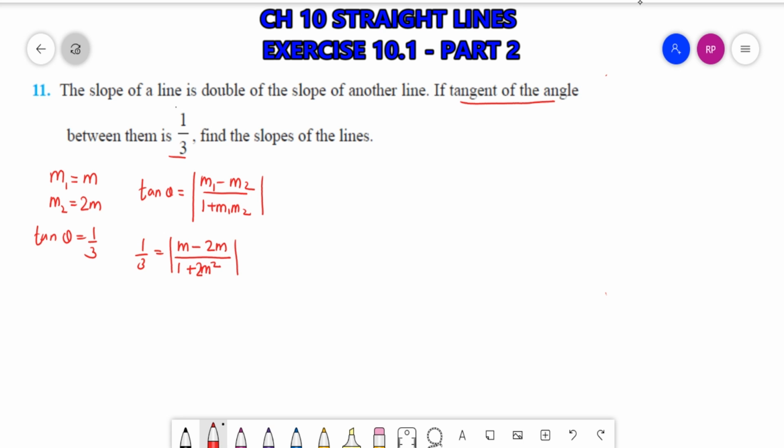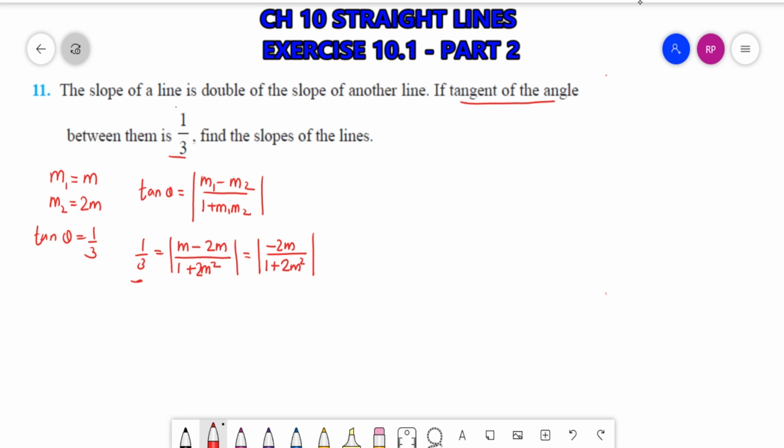Now first let's rearrange: m minus 2m will be minus 2m upon 1 plus 2m square. So modulus of minus 2m upon 1 plus 2m square is equal to 1 by 3.